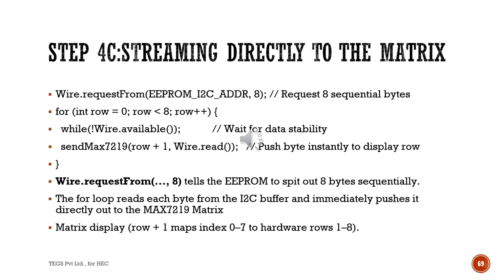Wire.requestFrom 8 tells the EEPROM to send the 8 bytes sequentially. The for loop reads each byte from the I2C buffer and immediately pushes it directly to the MAX7219 matrix display. The row plus 1 maps the index 0 to 7 to hardware rows 1 to 8.